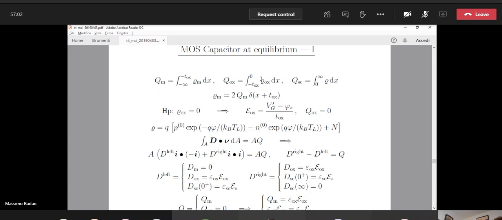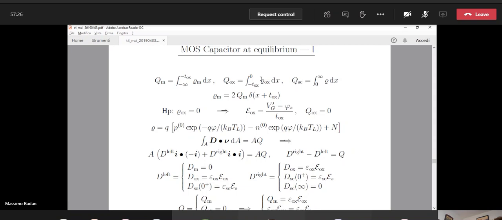Rho ox is 0. Finally, the charge per unit area of the semiconductor will, of course, be defined as the integral between 0 and infinity of rho, where rho is the charge density of the semiconductor, okay?